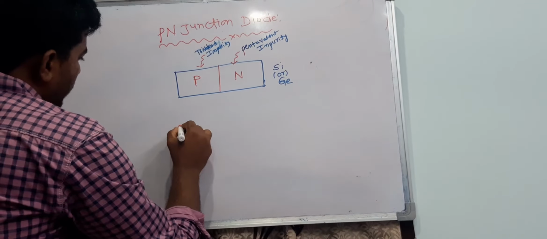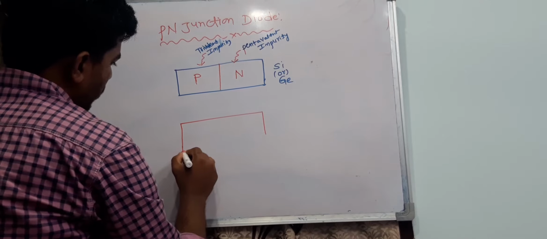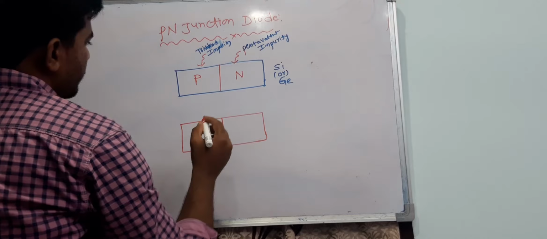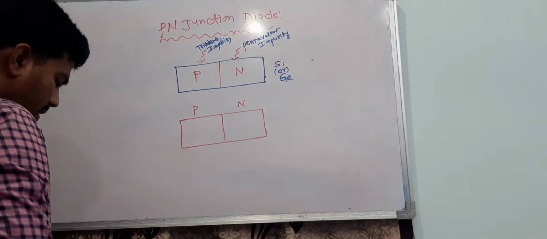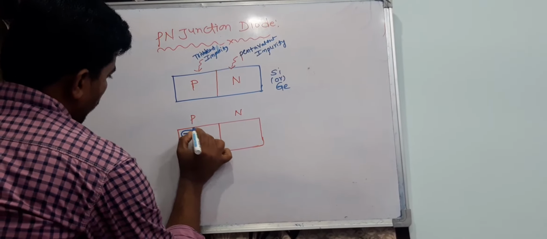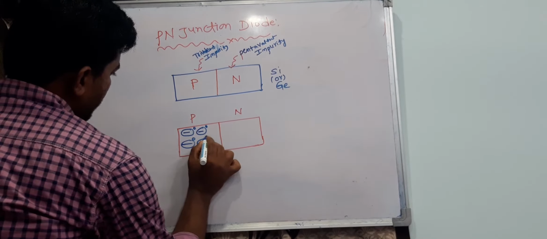As we have seen in the basics of semiconductor physics, we already know the structure of the P and the structure of the N. So again we have to look here. This is P and this is N. In the structure of the p-type and n-type semiconductors, the p-type has negative ions and holes, but the n-type has positive ions and electrons.